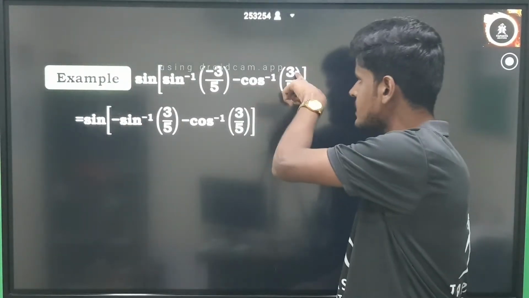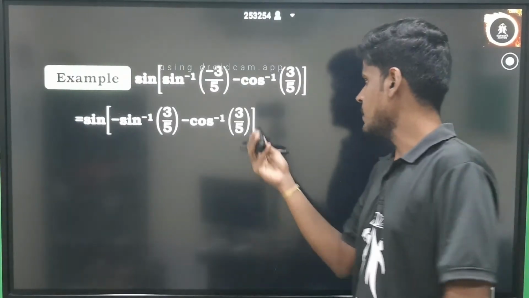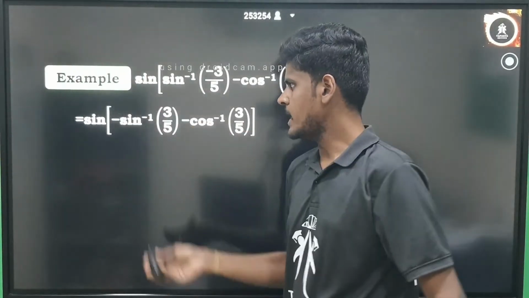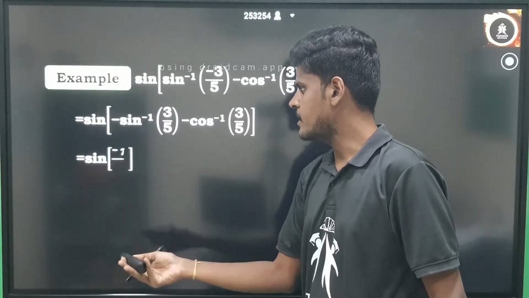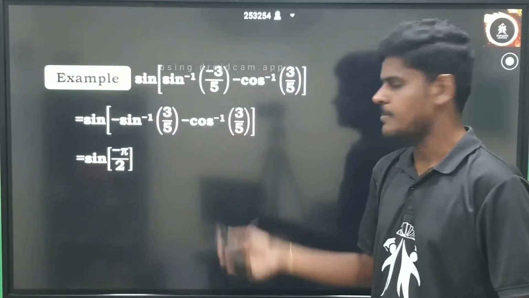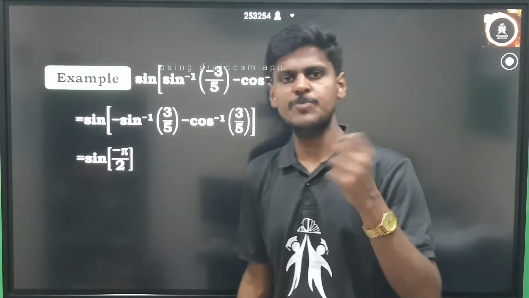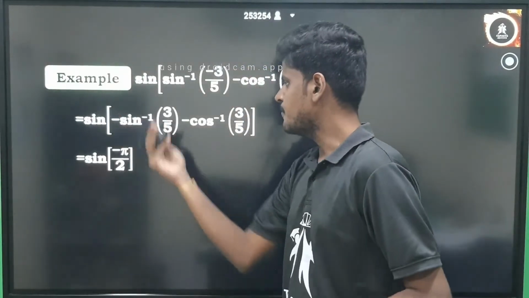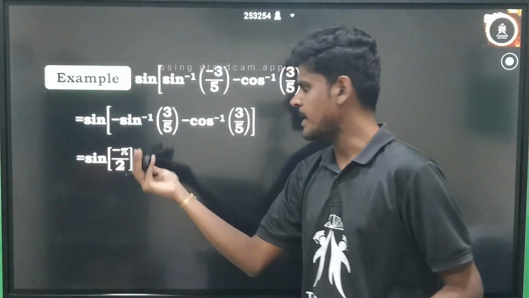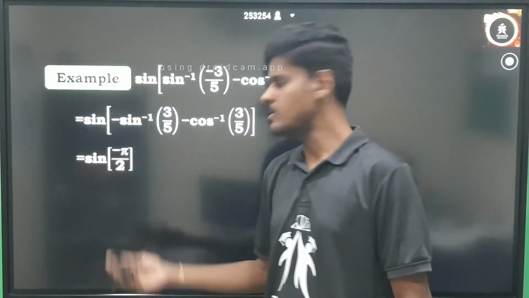And minus cos inverse 3 by 5, we can take the minus outside. So this will become sin of minus of sin inverse 3 by 5 plus cos inverse 3 by 5. What is sin inverse x plus cos inverse x, students? Pi by 2. So minus of pi by 2. Sin of minus pi by 2. What is sin minus pi by 2? Minus 1.